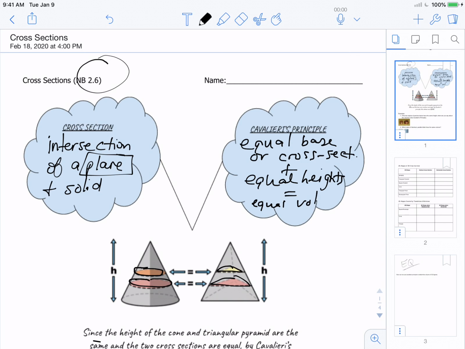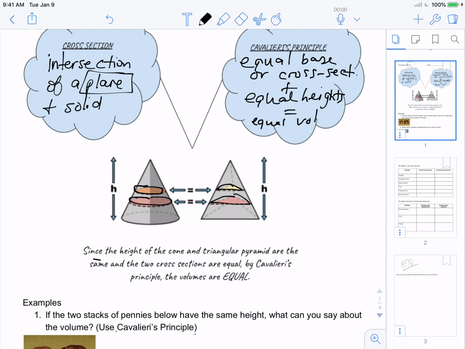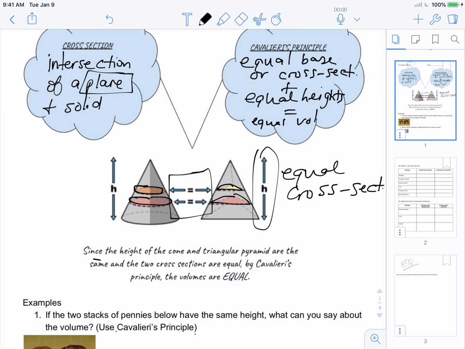Let's look at just a straightforward example. These two, this is a cone and a triangular pyramid. Okay? This here tells us that the cross sections are equal. So we have equal cross section, and this here tells us that the heights are equal.